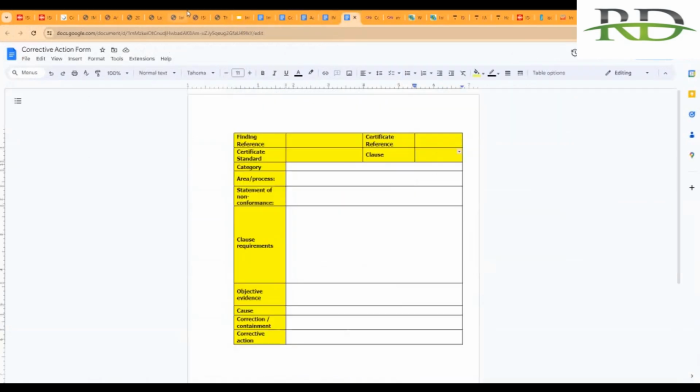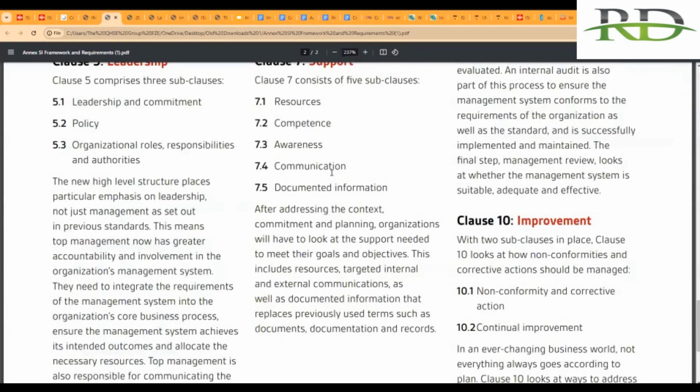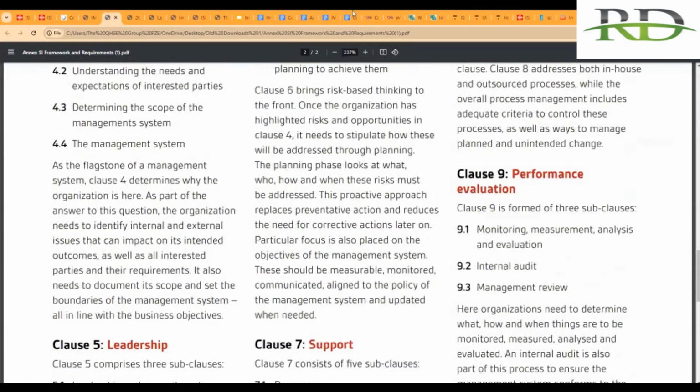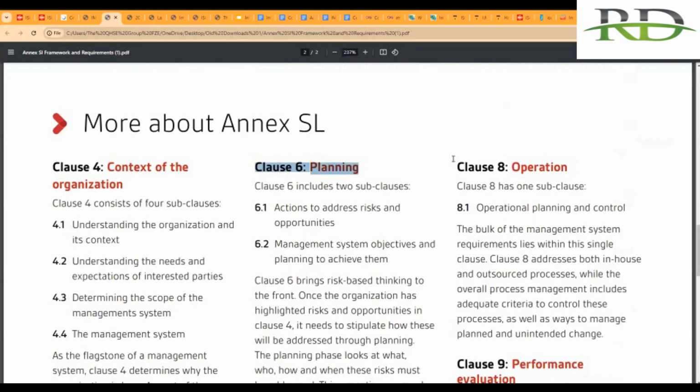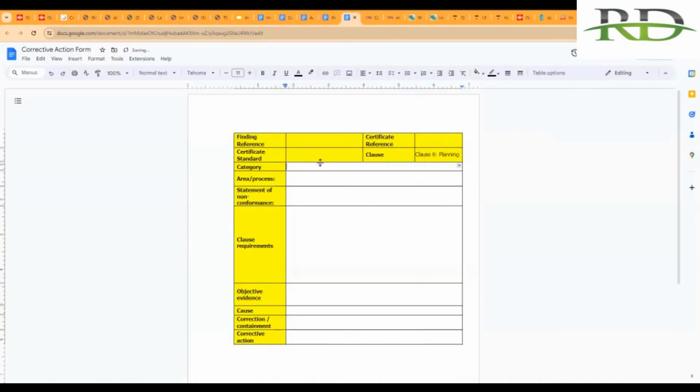So you go to that clause, okay? For example, this is clause number 6. So in number 6, this is how I write my corrective action request. Category, let us just say this is a minor non-conformity.